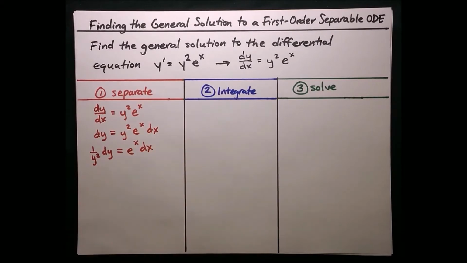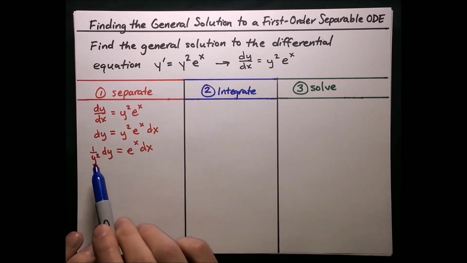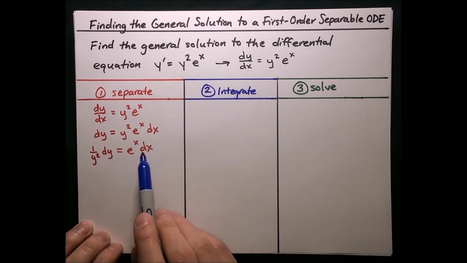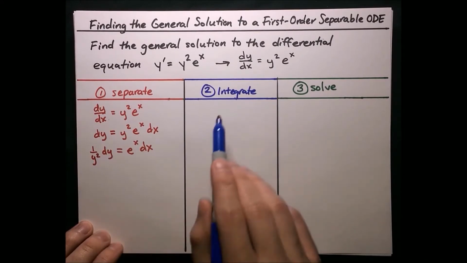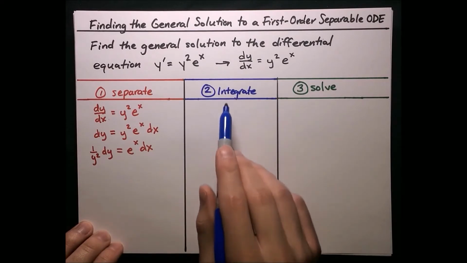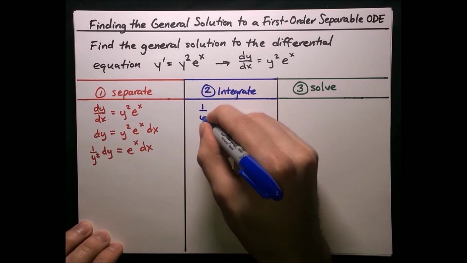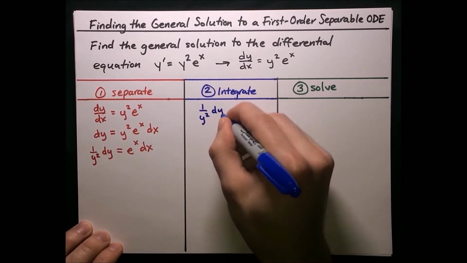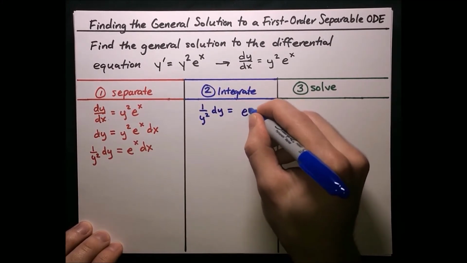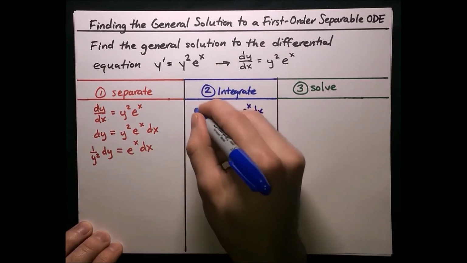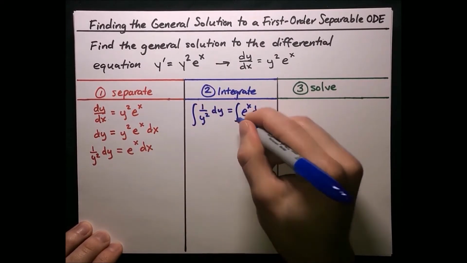Now that we're done separating the equation, we can actually integrate both sides to cancel out the dy and the dx terms. So let's write it down over in this column in the integration step. We'll just write down what we have to start with. 1 over y squared dy equals e to the x dx, and let's just apply an integral to both sides.